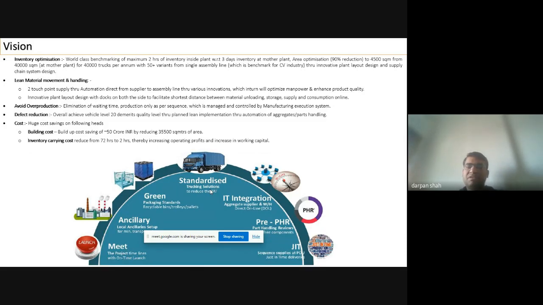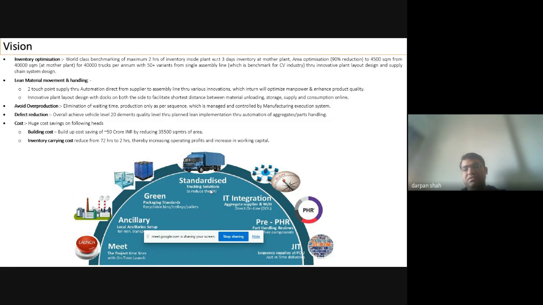Standardization of the tracking solutions, so that the overall turnaround time for the logistics operation is optimized. It should be well aligned and integrated with the IT part, where the backend information management is done rightly through the IT integration. So this is where the IT guys came into the picture.